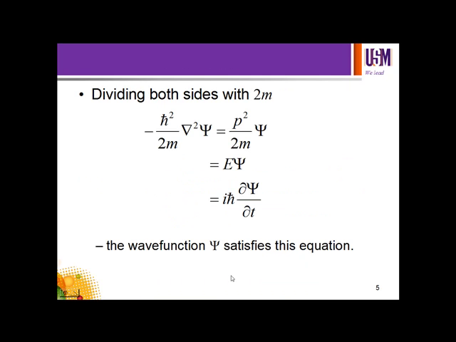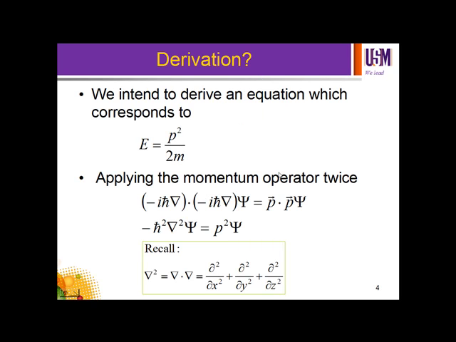Dividing both sides by 2m. Why do we want to divide by 2m? Because on the right hand side we have p squared, momentum squared, but to relate it to energy, it should be p squared divided by 2m, so that we get this E. In the previous slide we have this relationship E equal to p squared over 2m.